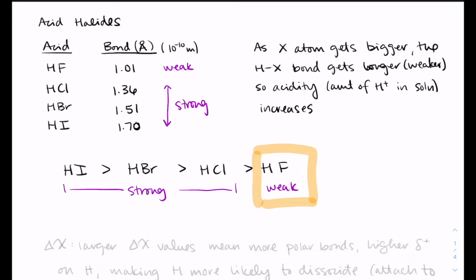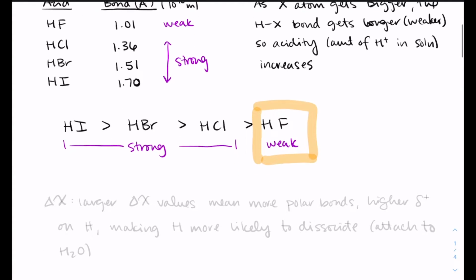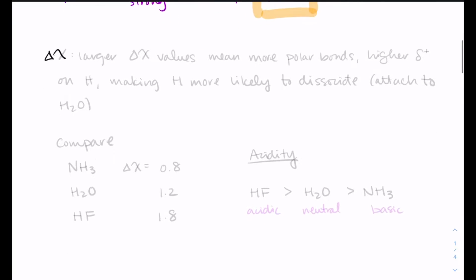Hydrofluoric acid will leach the calcium out of your bones, right? So it may be a weak acid, but that is only telling us about how much it dissociates in solution. And it doesn't tell us about what terrible things it does once it gets there. Okay, that is bond length, which is really a proxy for bond strength.